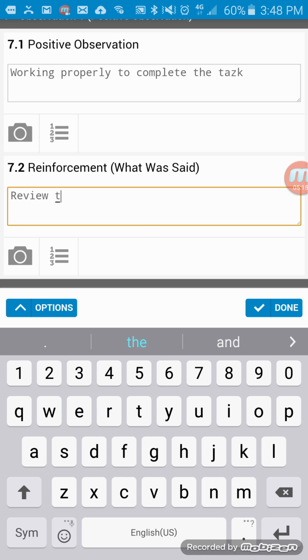Reviewed the observation with the technician.